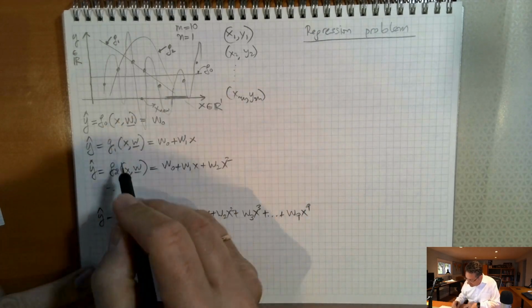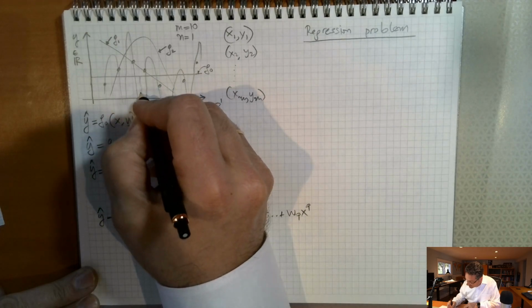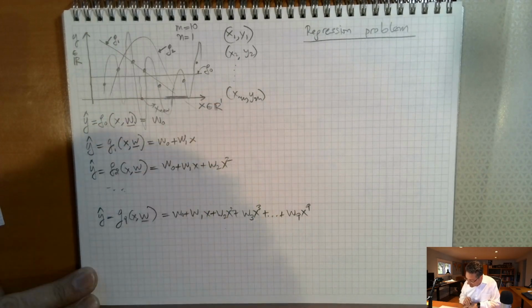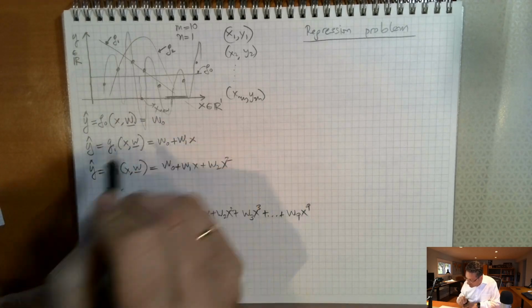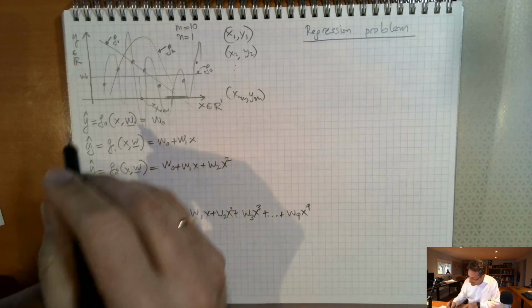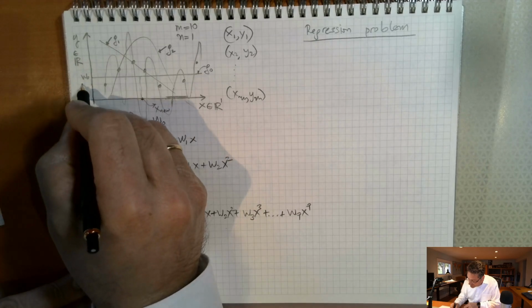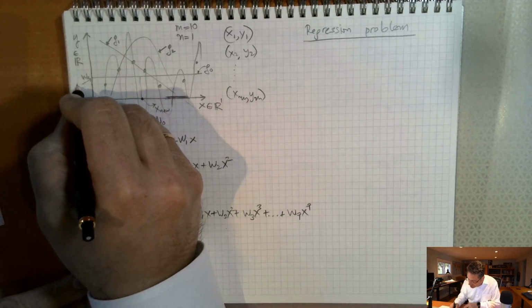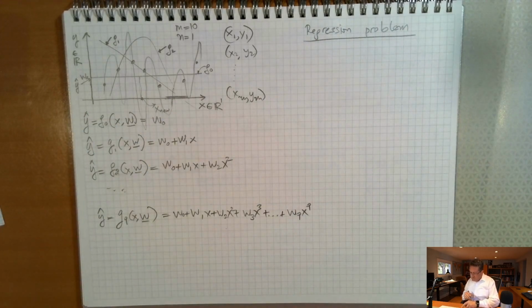For hypothesis G0, I will look up this x nu, put it inside that function G0, and given the W0, which I have right now drawn, I will look up the y hat. Well, the y hat is exactly at the same place as the W0. That's my y hat for the zeroth hypothesis.